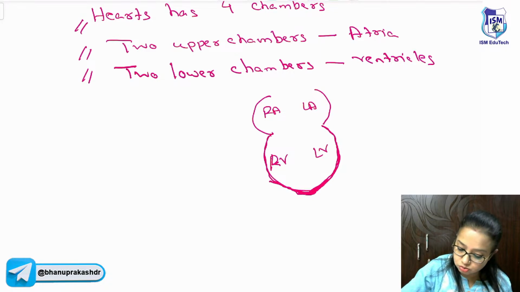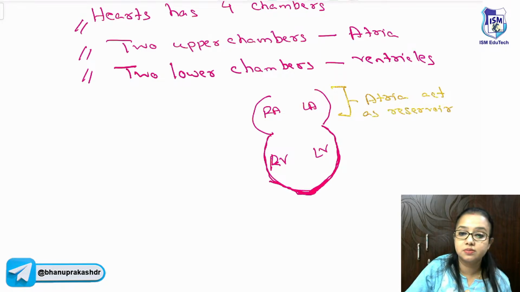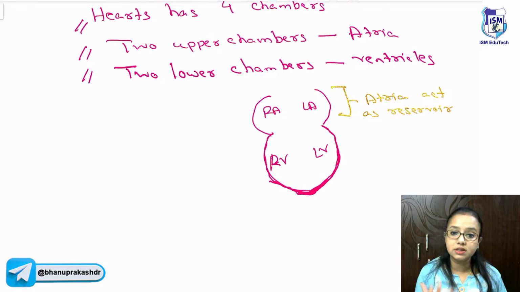Now, these 2 chambers, which are the atria, act as reservoir, means they hold the blood. They receive the blood from the peripheral circulation through venous return and from the pulmonary circulation.